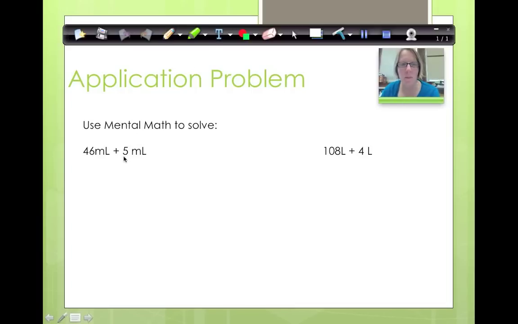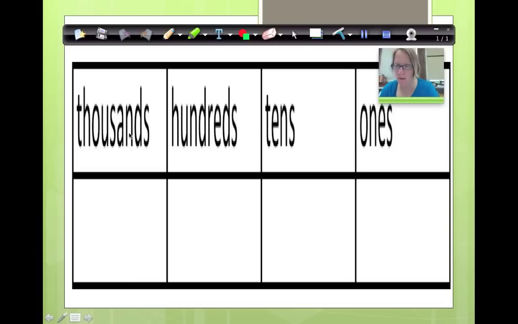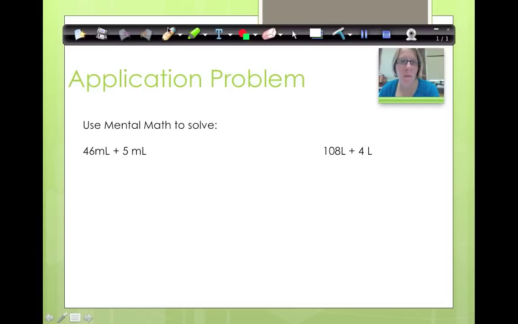So for instance, let's break the 5 apart. Getting a preview of what we're going to do next. Let's break the 5 apart. So instead of having 46 plus 5, what's plus 6 would give us 10? Well, 4 would. Can I break 5 into a 4? Sure I can, because that would be 4 plus 1.